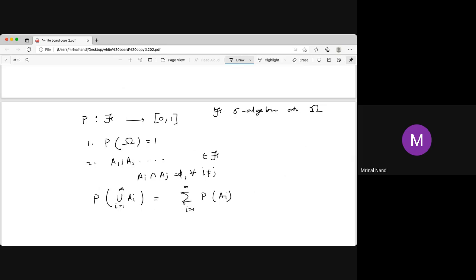This is the definition of probability. Once a1, a2, dot dot dot is a sequence of events, their union must also be an event, and the probability of that event is the sum of all the individual probabilities because they are disjoint.